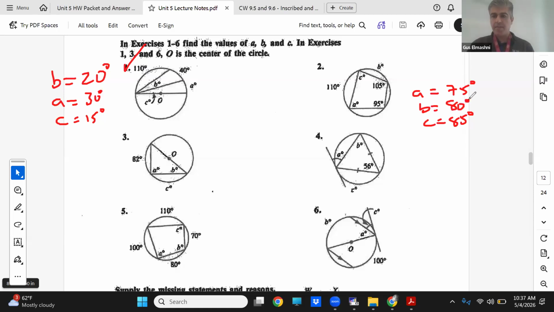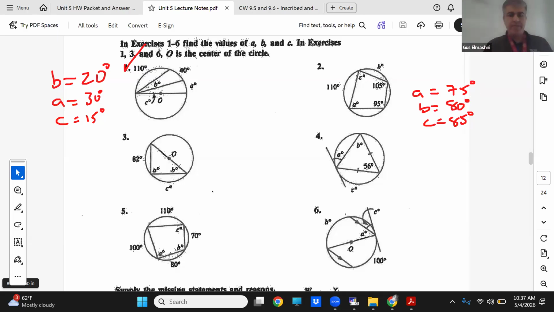I like that. You guys agree with B being 80? Cool. Because if that's 95, then that has to be 190, and then you've got to take 110 away from 190.